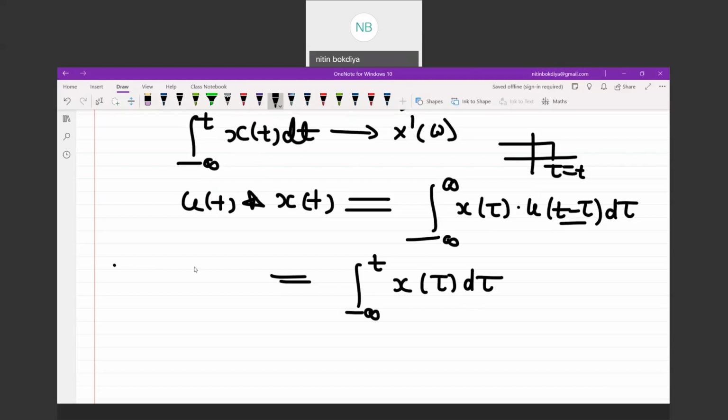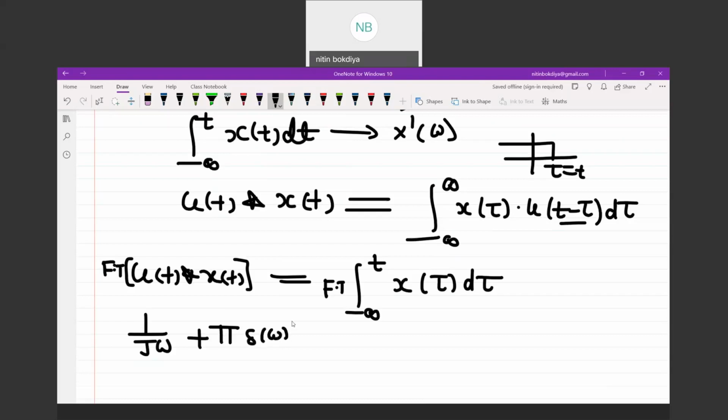We want the Fourier transform of both sides. We know that convolution in time is equivalent to multiplication in frequency. So the Fourier transform of u(t) is 1 by jω plus πδ(ω), and x(t) has Fourier transform X(ω).